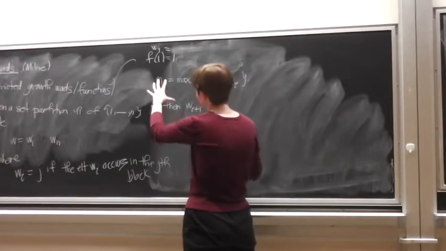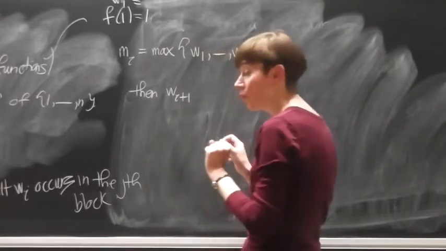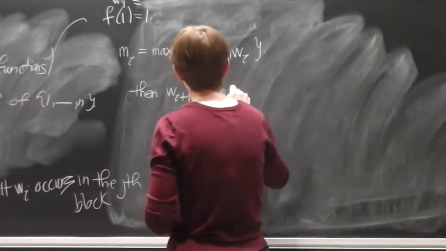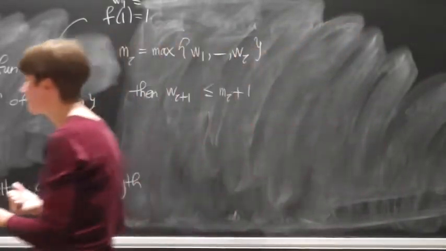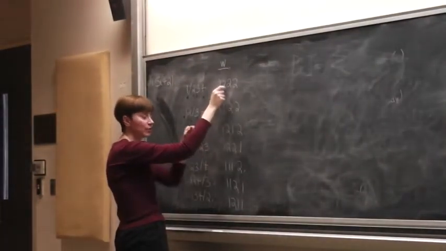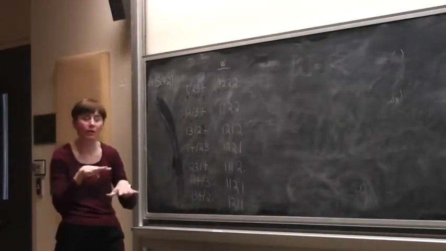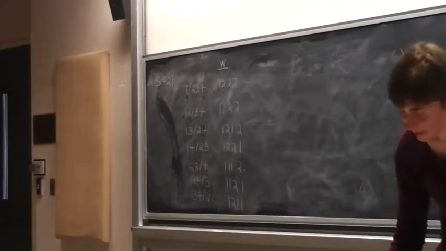It could be in the elements 1 through mi, or it could be 1 more than that. So it's bounded above by the max of the previous entries. Once you're going to increase, the most you can do from the previous ones is 1. That's why it's restricted growth. It's growing, but not too much. Okay, so we have that.